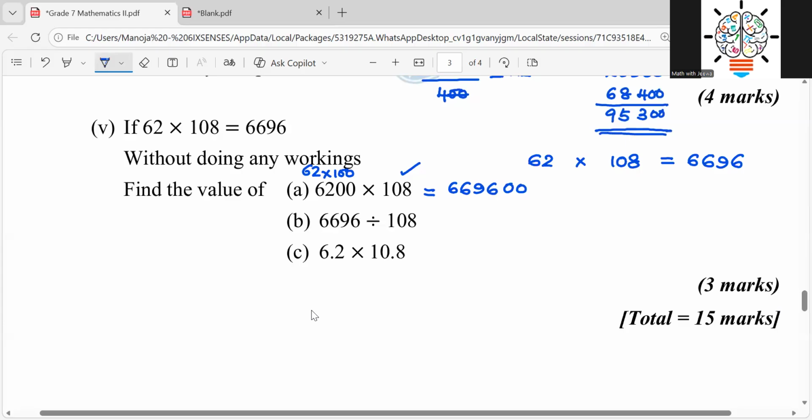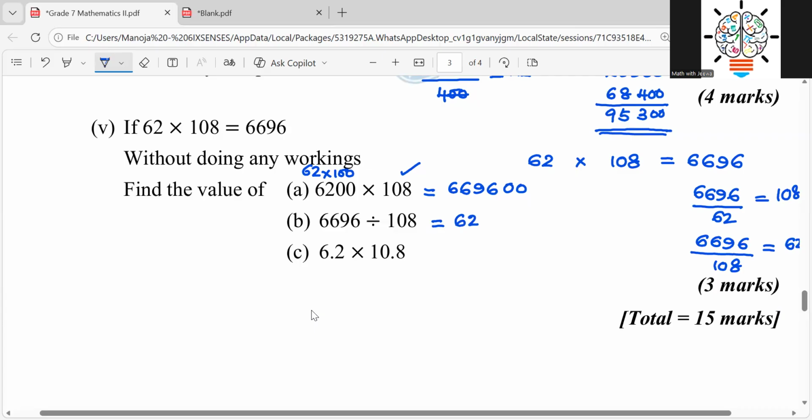And the next one, if this is the case, 6,696, when you divide by 62, it gives me 108. 6,696, you divide by 108, it gives me 62. Now what they have done: 6,696, you divide by 108, the answer is 62, right?